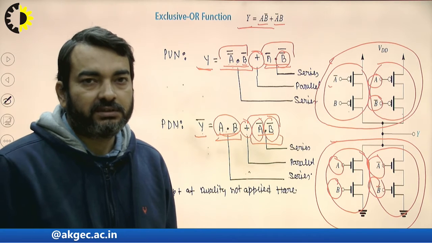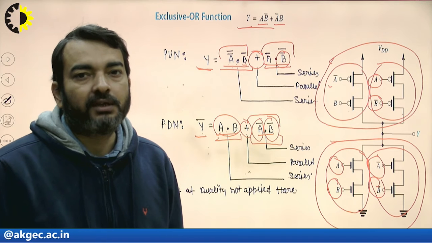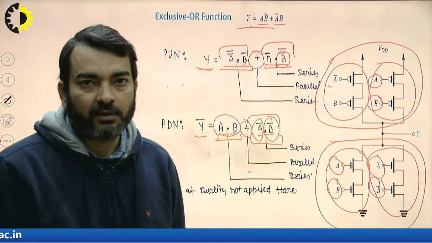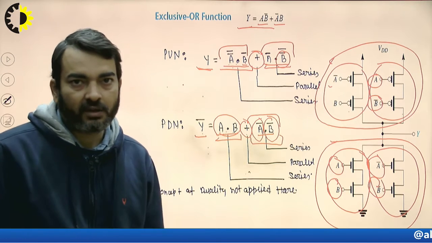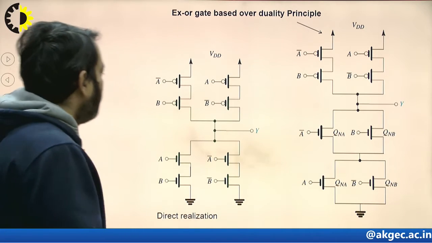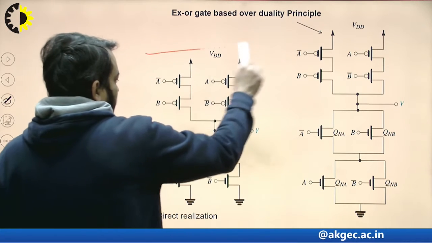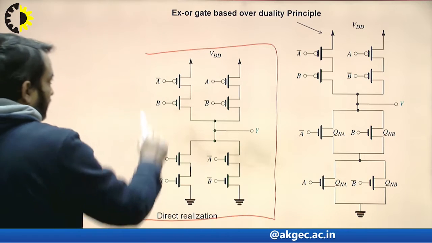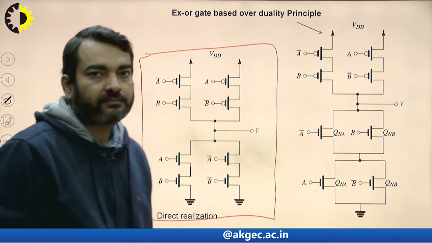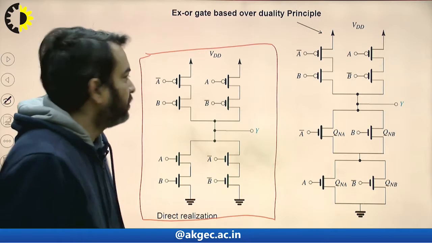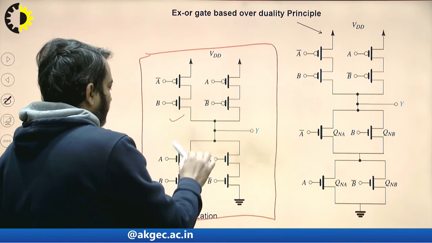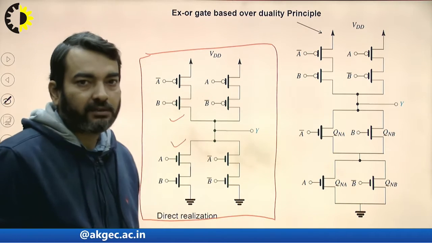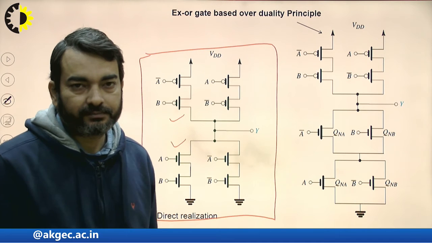Now we will see how to apply the duality principle over the same example. Here we have just seen this realization of the XOR gate, where we realized the pull-up network and pull-down network separately by using the standard rules.